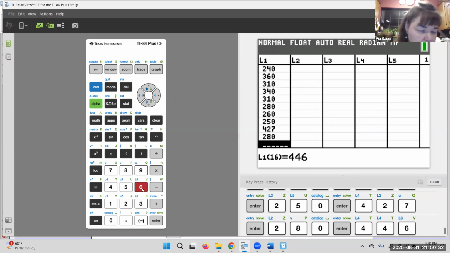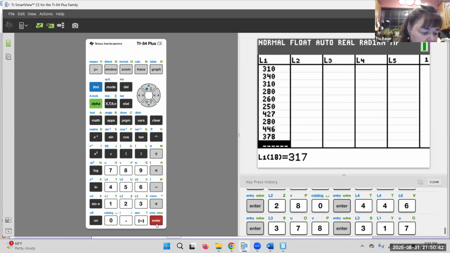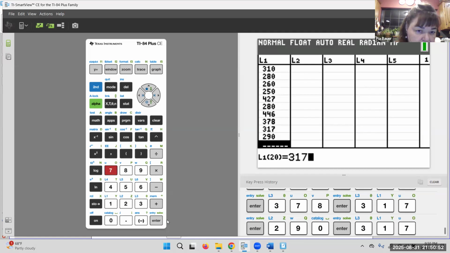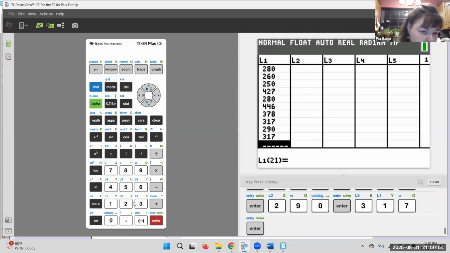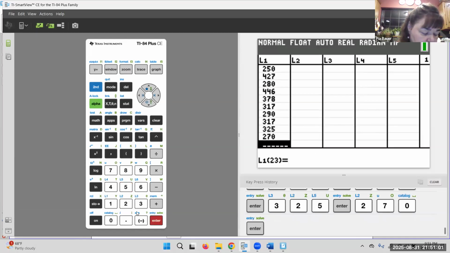next row, 378, 317, 290, 317, then 325, 270, 380, 290.